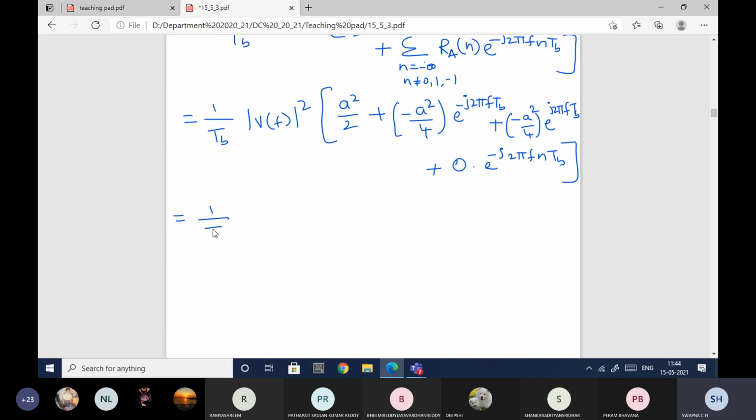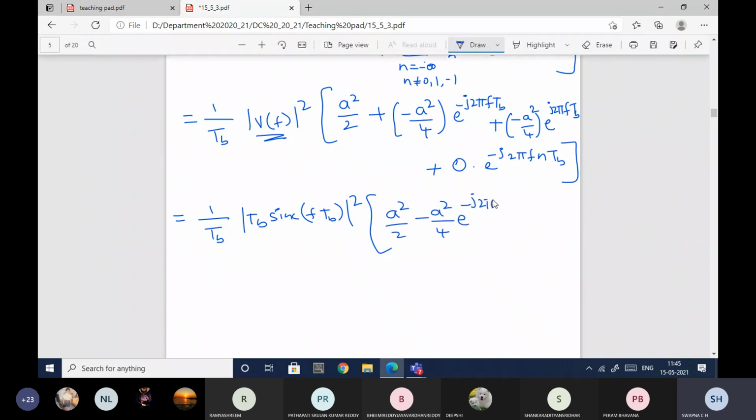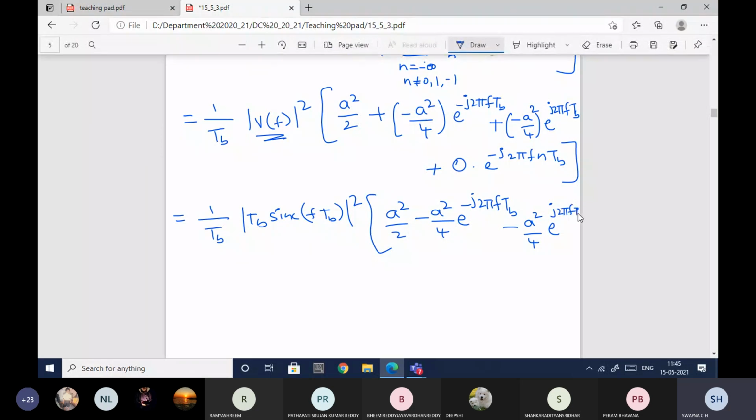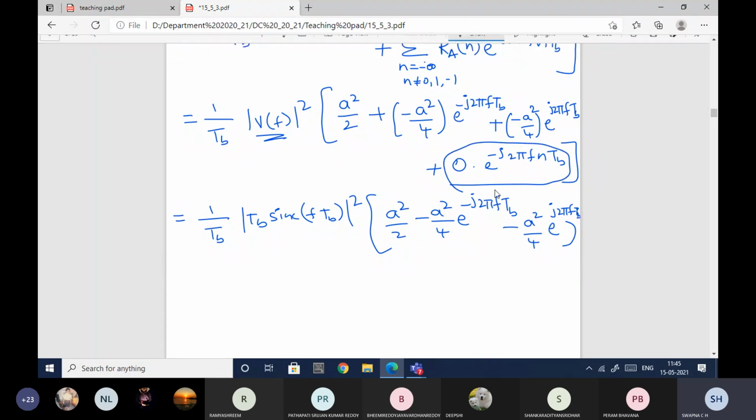This will be equal to 1 by tb into mod, now I'll substitute the v of f value, which is nothing but tb sinc f tb whole square into a square by 2 minus a square by 4 e power minus j 2 pi f tb, and here it is minus a square by 4 e power j 2 pi f tb. Anyway, 0 into something will be equal to 0 only, so I'll not take this term at all. Okay, so it is equal to 1 by tb into tb square sinc square f tb.